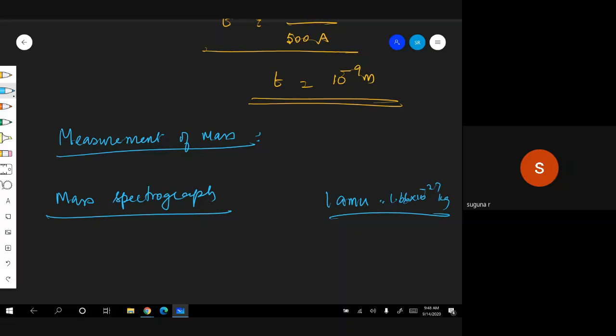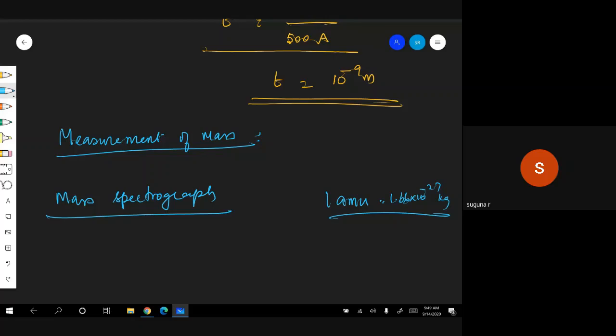We are passing that through a region where perpendicular electric and magnetic fields are there. There is some condition for that, which you will learn in your 12th standard. It will take a circular path, and the radius of the circular path is directly proportional to the mass of the particle.